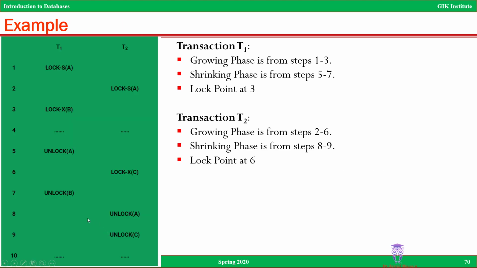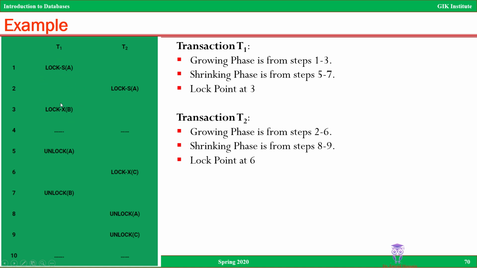So let's look at this example. We have two transactions, T1 and T2, and there are 10 different timestamps where some operation occurs in either T1 or T2. For the first transaction you have a shared lock on A, an exclusive lock on B, and then unlock and unlock. So from step 1 to step 3 is the growing phase.